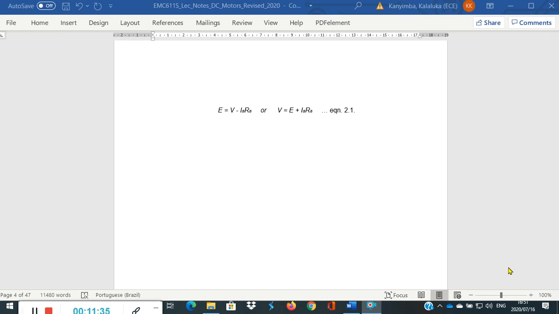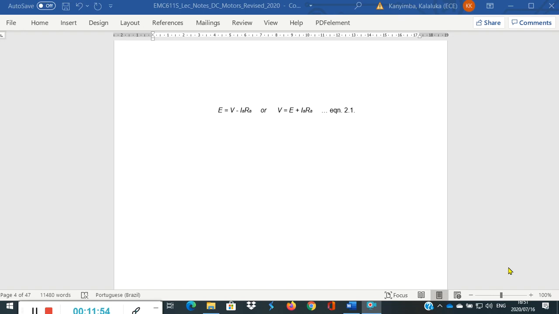Now let's look at the equivalent circuit of a motor. But let's first assume negligible brush resistance, and let's omit the interpole and compensating winding resistances.